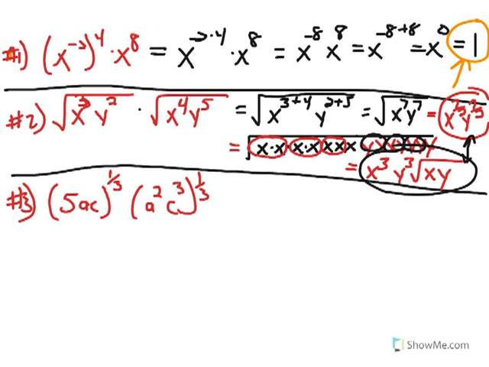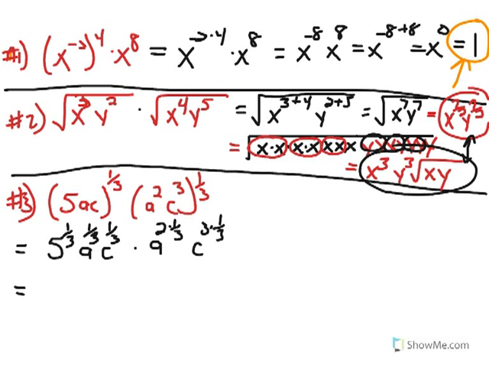This next one, we have the power of a product here twice. So 5 times a times c to the 1/3, we could just say 5 to the 1/3 times a to the 1/3 times c to the 1/3. And this next one, a squared times c cubed to the 1/3, we could say a to the 2 times the 3rd, and then c to the 3 times the 3rd.